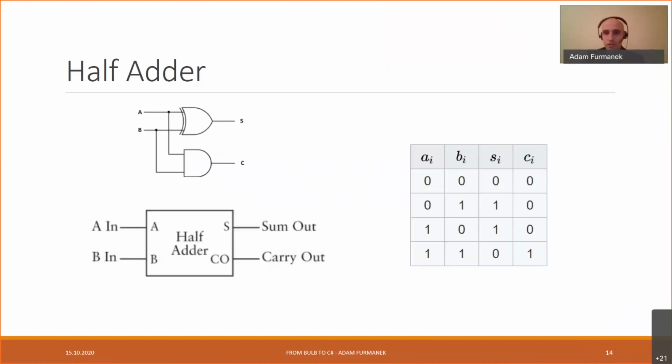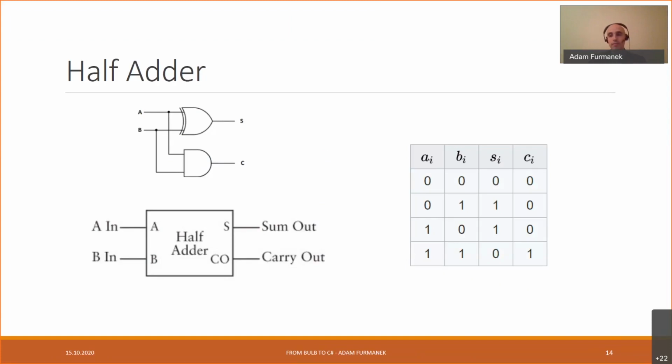Well, we can start doing some arithmetic operations, and we can start building the so-called half adder. If you remember from ground school, whenever you do long addition, adding two long numbers, we add them digit by digit, and we have a carry, which we include when adding the following digits.